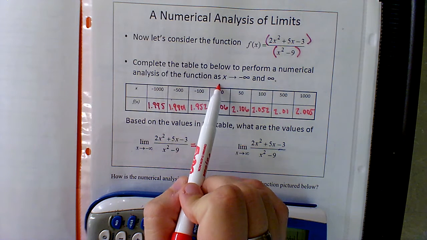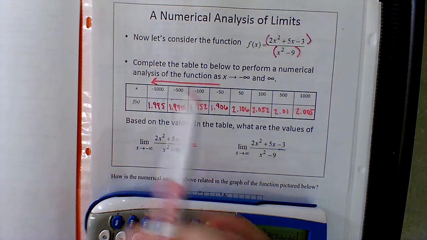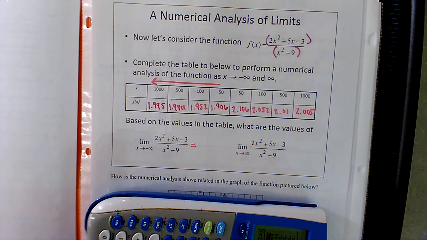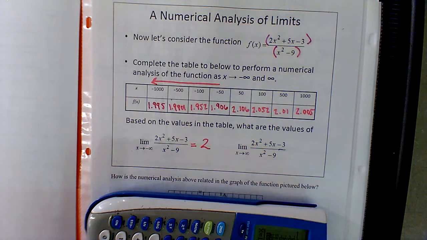As your x's get really negative, meaning we're traveling to the left, what are the y values getting closer to? 2. So there's the value of our limit. No graph needed. We just use the table capabilities on our calculator.